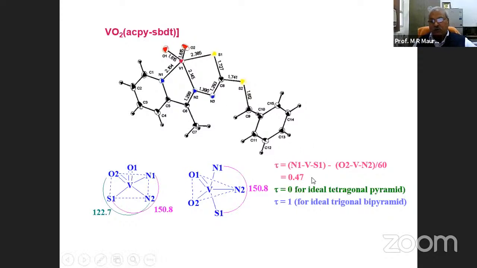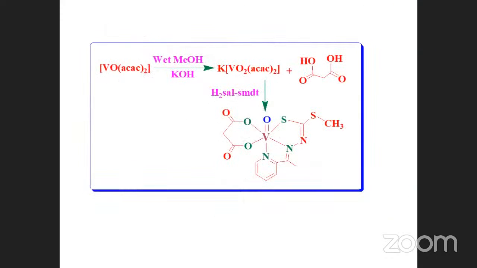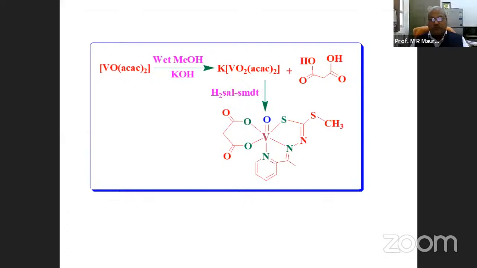See here, this value is coming 0.47, and that actually means this is distorted towards the right. Whatever you say, either trigonal bipyramidal distorted towards tetragonal, or tetragonal distorted towards bipyramidal, it is coming halfway from both sides. Now, this was very interesting.